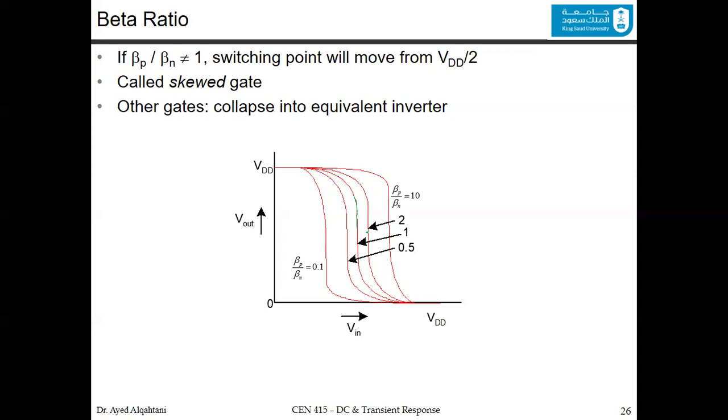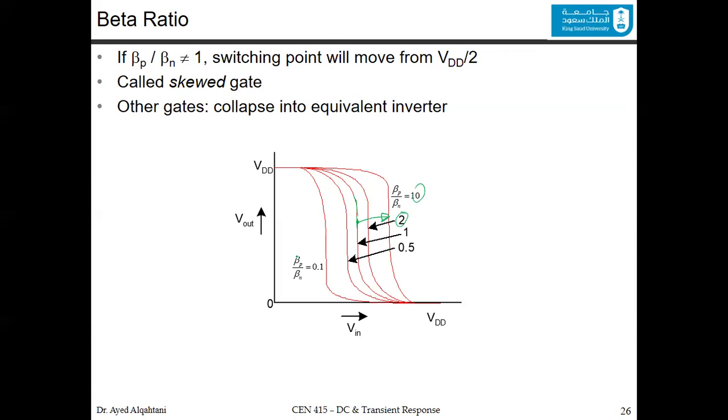However, if you increase the ratio, which for this example is 2 or more than 2, we have 2 and we have 10. Now beta P is larger than beta N. And what happens is that it's like you are pulling the center curve in this direction.